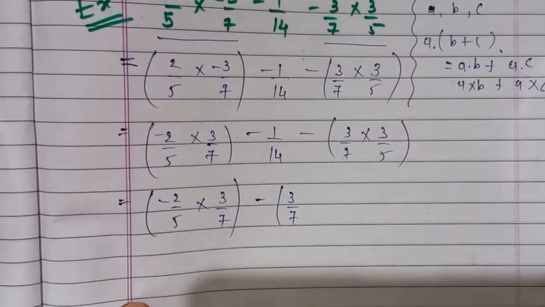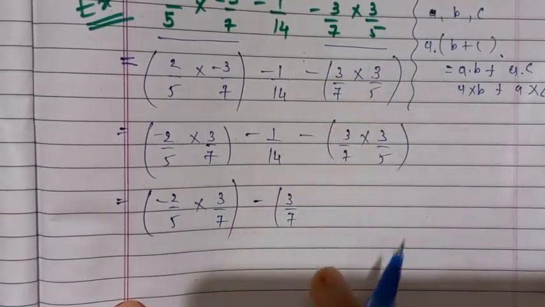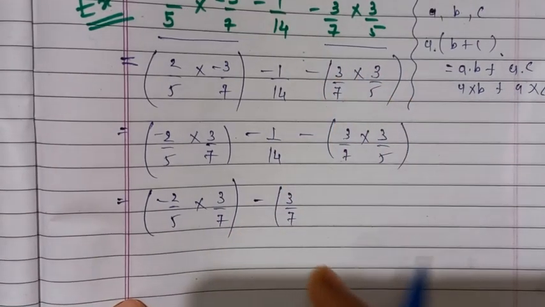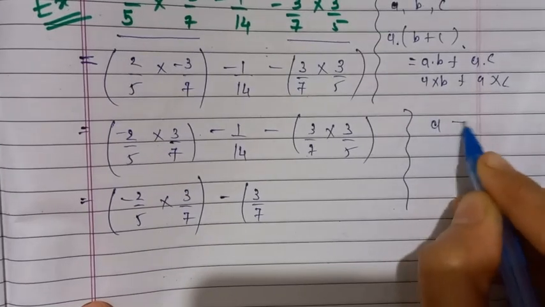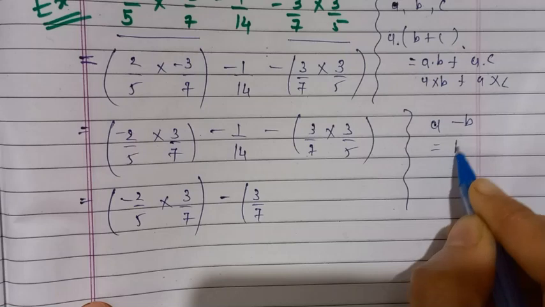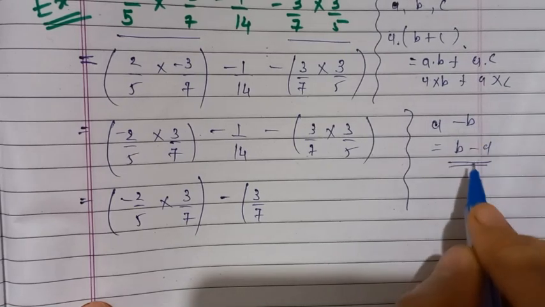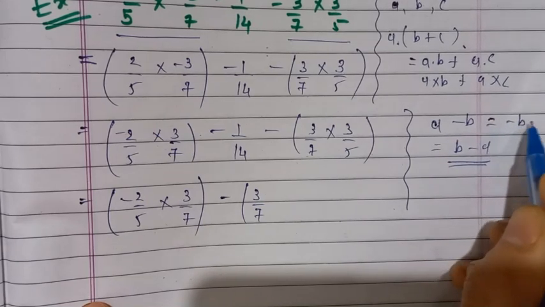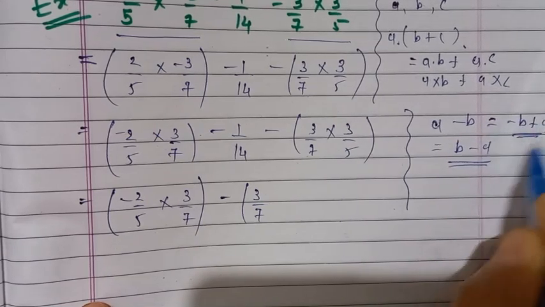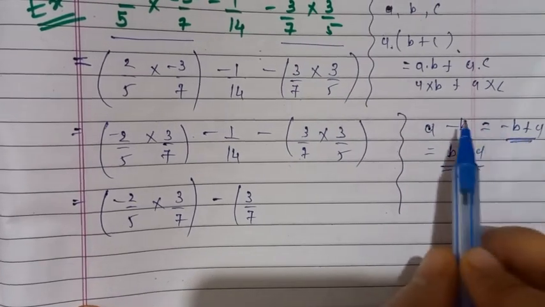We change the order of the numbers along with their signs. It means that if we have A minus B and we write B minus A, then we changed the order without its sign. If we write minus B plus A, then the order is changed with its sign.